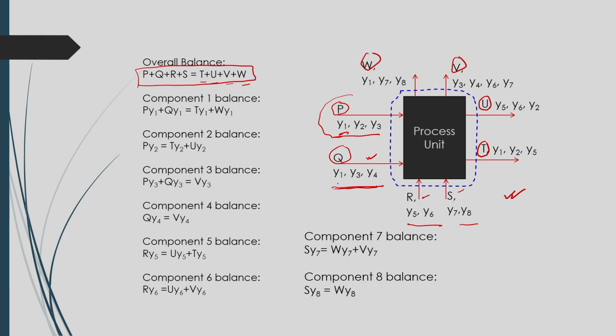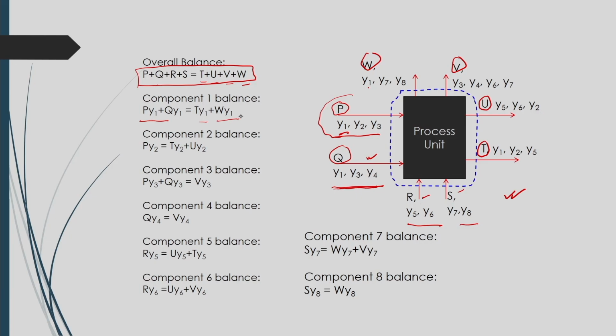So the total amount of Y1 in this stream will be Q into Y1. Similarly, in the output streams we are getting W into Y1 and, in another stream, T into Y1. So we can write P into Y1 plus Q into Y1 equals T into Y1 plus W into Y1.